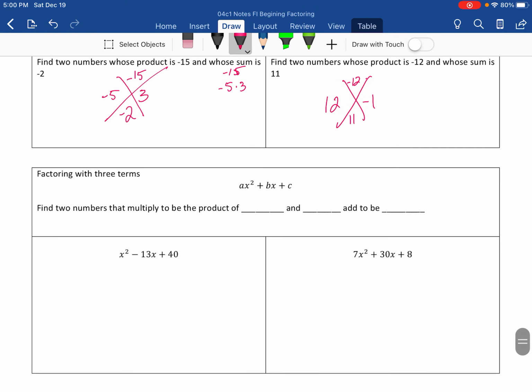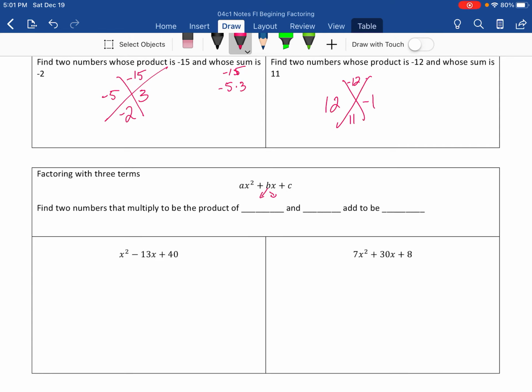So I just wanted to do these last two problems just because I think that you'll have 4 terms down, and I want to see what you can do. So when you factor with 3 terms, what you need to do is you need to split this middle term.